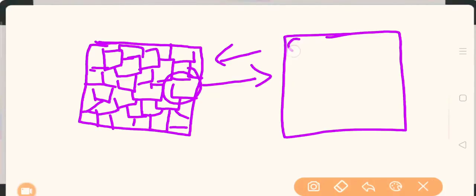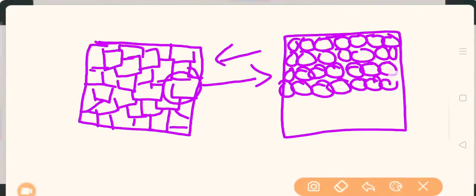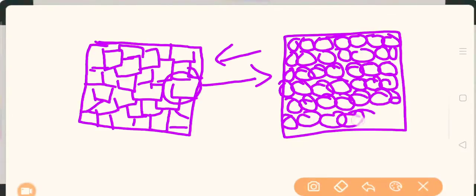Suppose constituent particles in this crystal are arranged like this. Let us assume it is a two dimensional arrangement as mentioned in 2D close packing structures. These types of particles are arranged in the crystal, and if some of the particles are missing or some extra particles are present, for example, suppose this particle is missing from its location, that means a defect is observed at a single point.